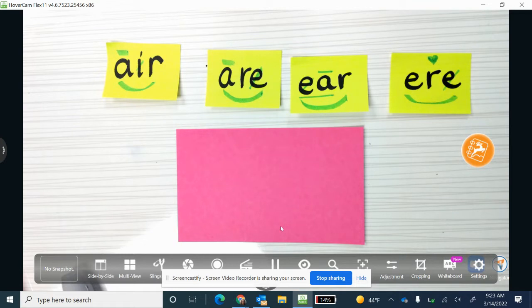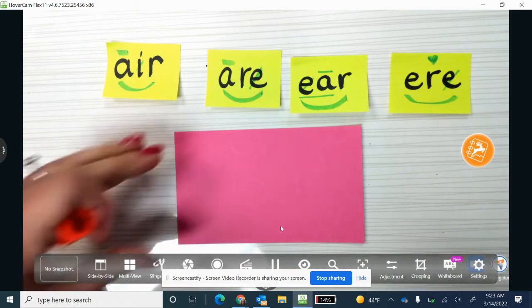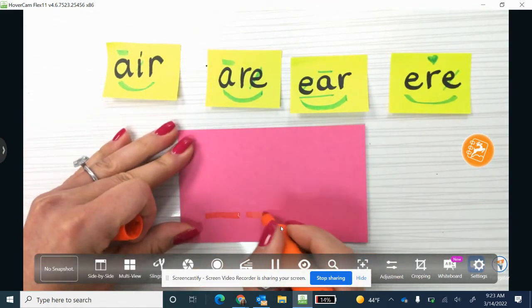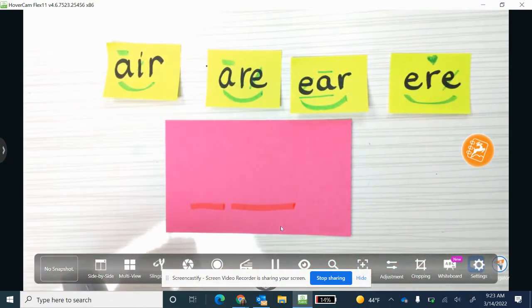Fare. What that means is how much does it cost? Like, how much money does it cost? Fare. All right, so this one, let's listen to the sounds. Air. Okay, we are going to use this spelling pattern.